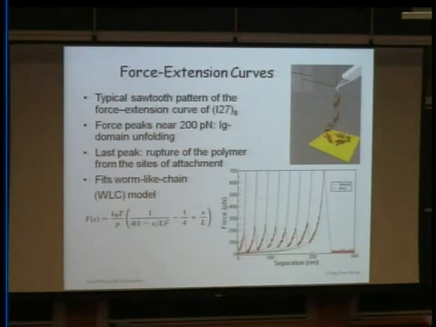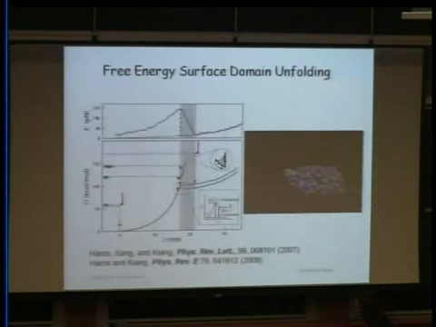Then we can fit these with a polymer physics model, the worm-like chain model. They really look like a flexible rod and follow this equation. So we can see what happened in this process. Here is the force, and this is the extension.